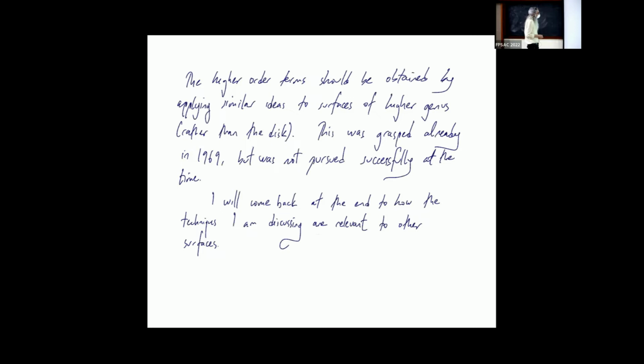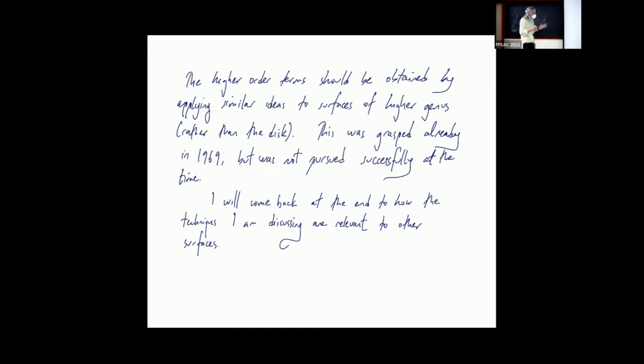So these higher order terms should be obtained by using similar notions, but applied to surfaces of higher genus. So already in 1969, people were aware that that would be the right thing to do. After Koba and Nielsen had written down this thing for the disk, people knew that the next thing to do was to think about these other higher genus surfaces.